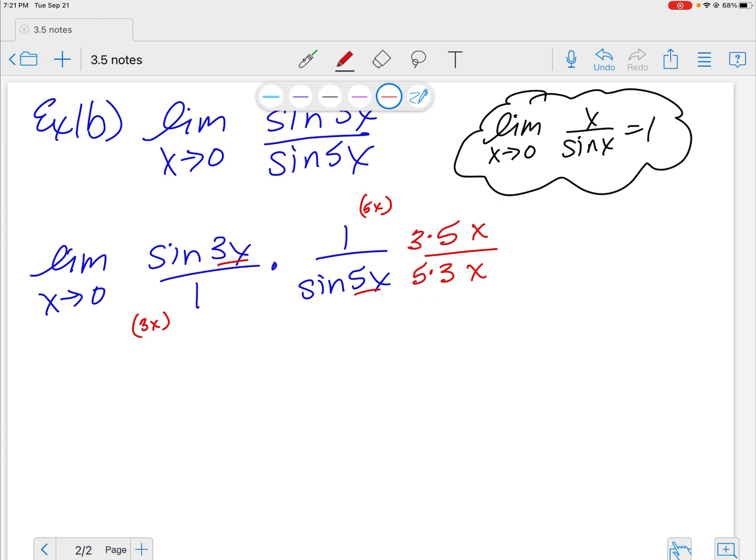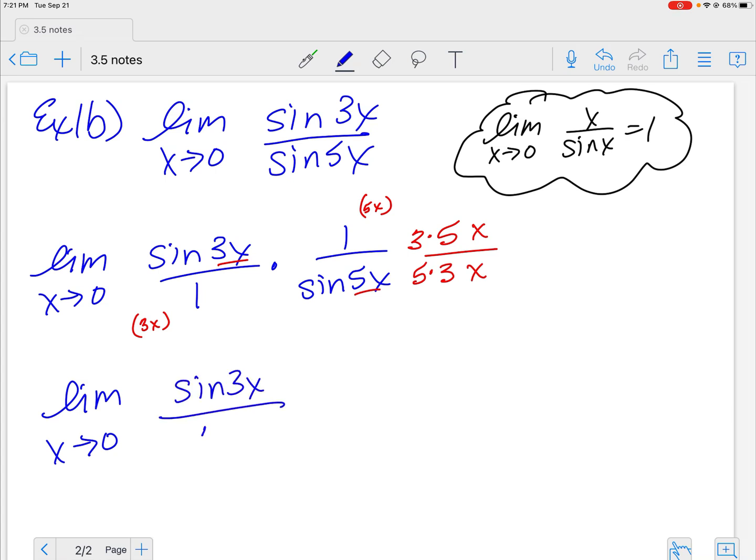Now if we split this up, the limit as x approaches 0, I've got the sine of 3x over 3x times 5x over the sine of 5x. But we've used a 5 for the top, and I have this extra 3.